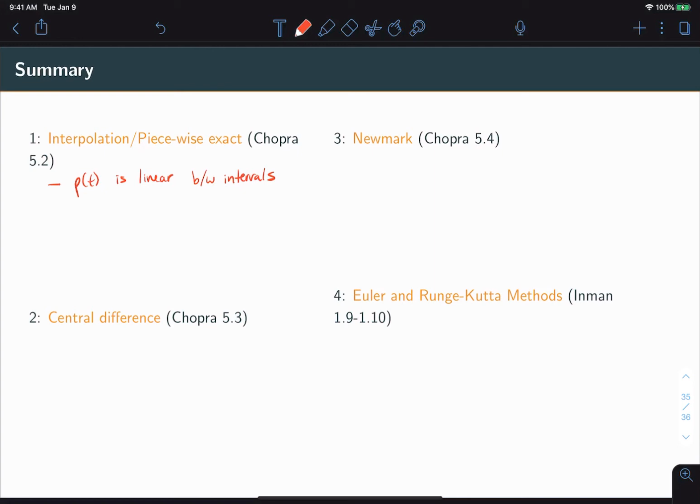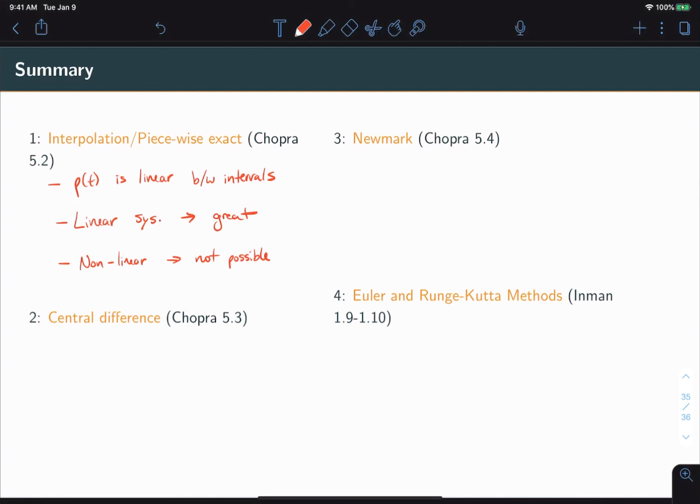So in general, for linear systems, we found that it was a great choice. However, we do not have a good way to implement this for nonlinear systems. Nevertheless, for the linear system that we simulated in MATLAB, this method outperformed both variations of Newmark, so important to keep that in mind.